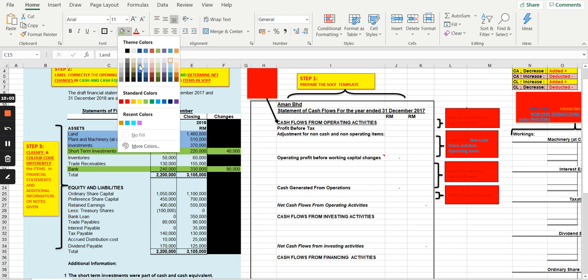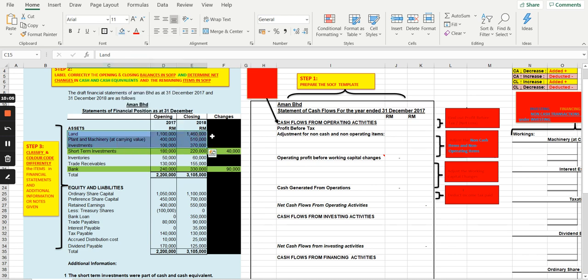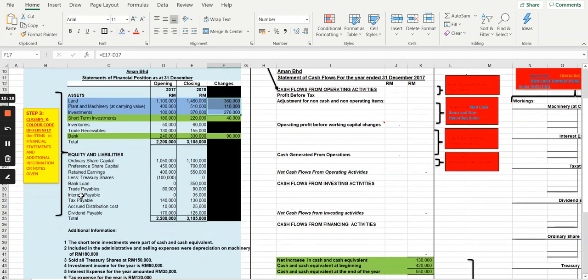So I'm using blue here. Okay, and that is also going to be investigated in terms of the changes. So we're going to also check for the changes. Then I will go on looking if there is anything else that relates to that. No more. So that one relates to investing activities, the blue there.